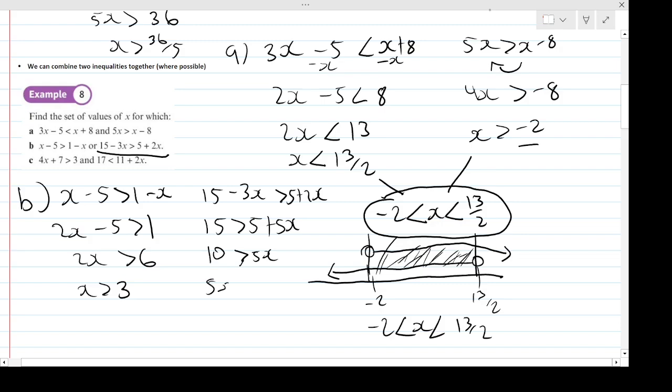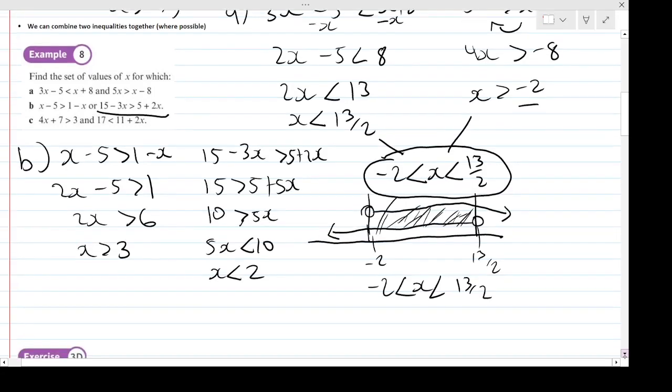So 5x is less than 10, exactly the same. I can reverse the ordering and it means the same thing, right? This is saying 10 has to be greater than 5x, so 10 is above 5x. This is saying 5x is less than 10. They're exactly the same thing, so I can reverse it to make it easier to visualize. So 5x less than 10, that means x will be less than 2.